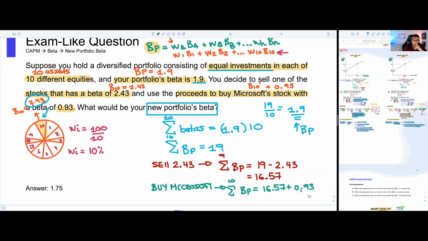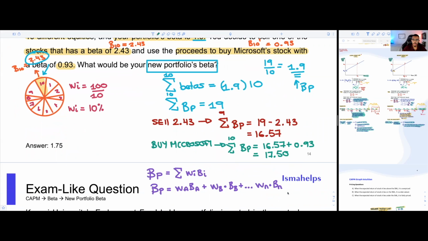I don't know if I do the math quick, that's going to be 17.50. All right, now we know that's the total sum of the betas added up together, but we need to find the portfolio beta. So we can divide this by 10, and that's going to give us 1.75 as our portfolio beta.